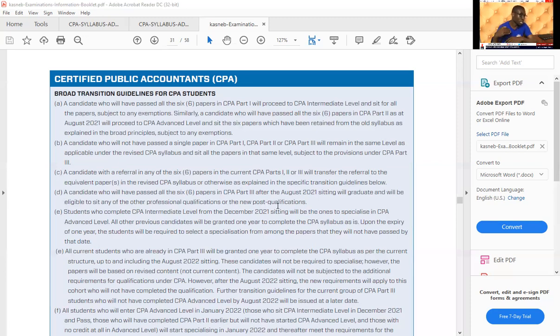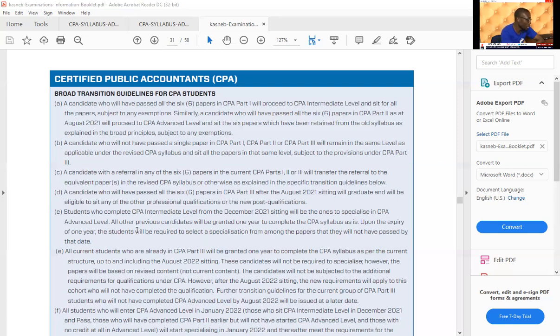As post qualification, which I'll be elaborating on later on. So you'll find that in the event that you have passed, even after the August 21 sitting, the one that you just did the other day, you'll graduate and of course be eligible to sit for this post qualification that Kasneb has introduced.